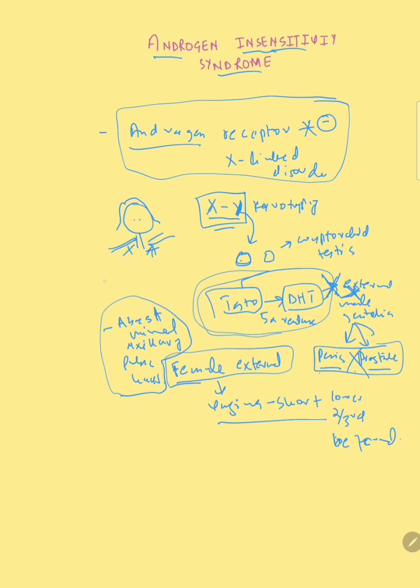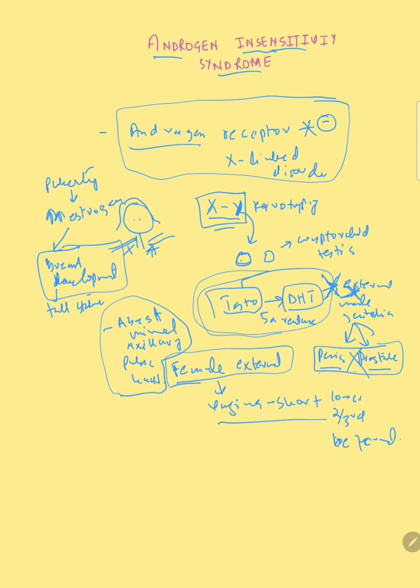Puberty would result in increased estrogen, and that estrogen, because it's unopposed as androgens are not working, will result in breast development. Breast development is the main feature here.